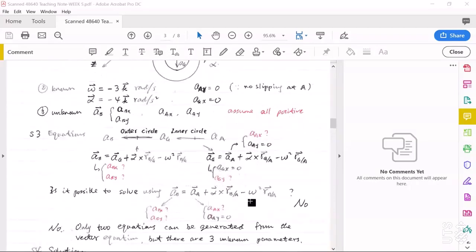Because if you have only this equation, between AB and AA, we don't know ABX, we don't know ABY, we don't know AAX, so 3 unknowns, and only one vector equation, we cannot solve this problem.